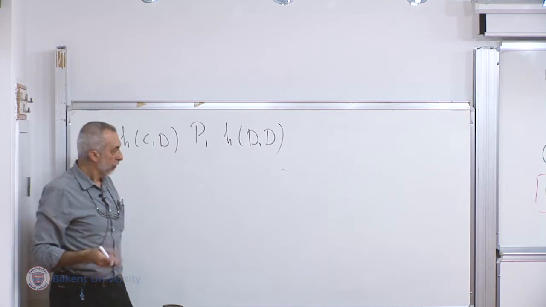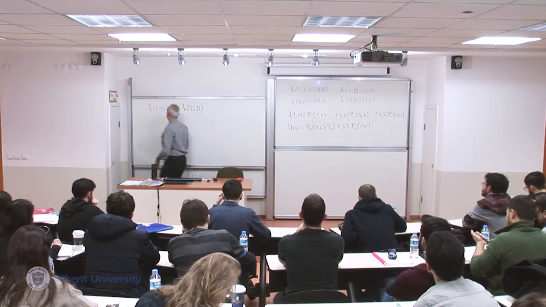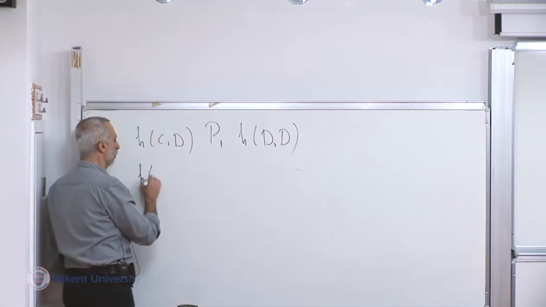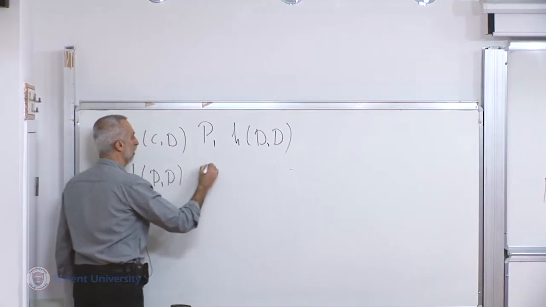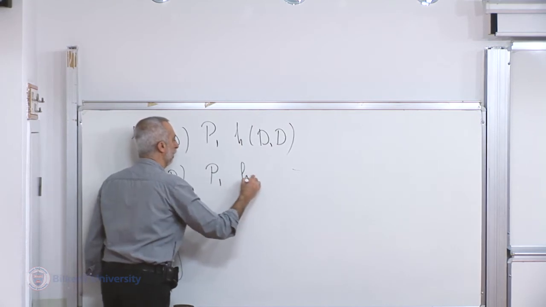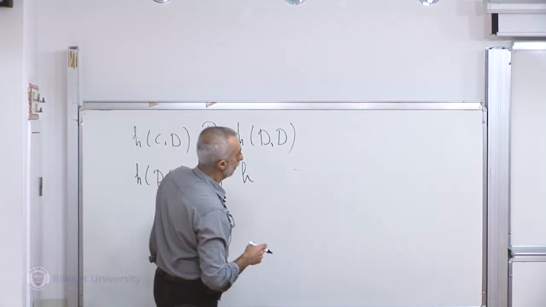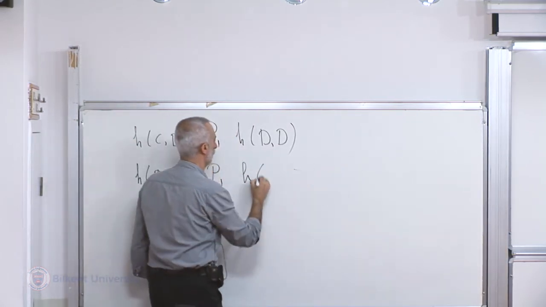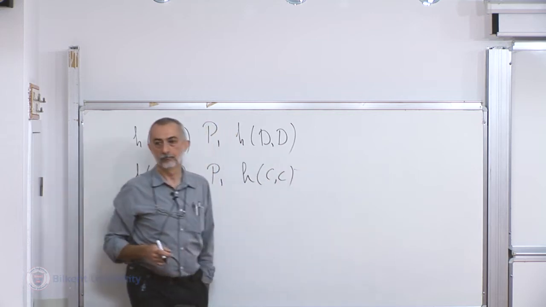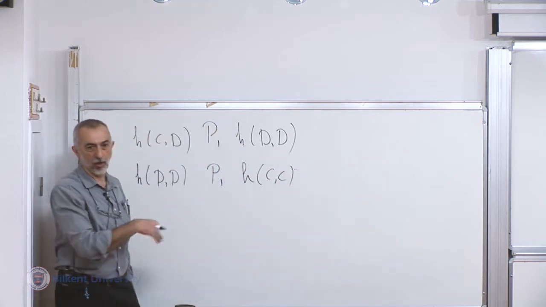Okay? And similarly, for example, this statement I can write as outcome induced by DD is preferred by player 1 to the outcome induced by CC. Okay? And so on.